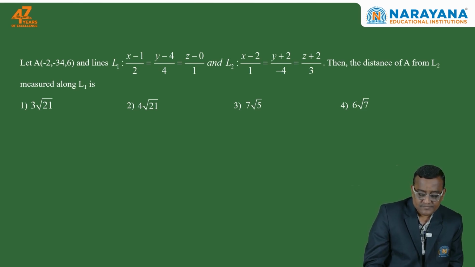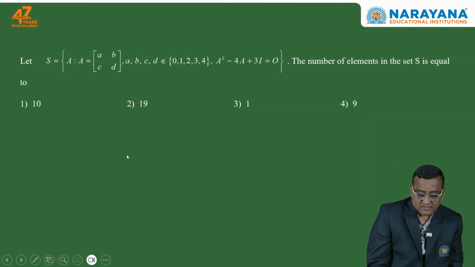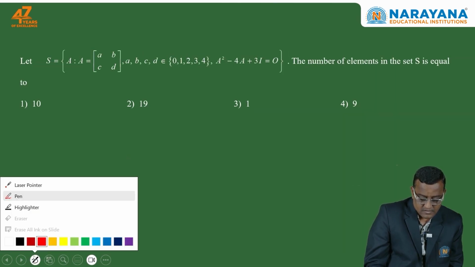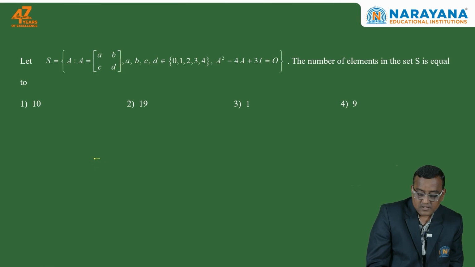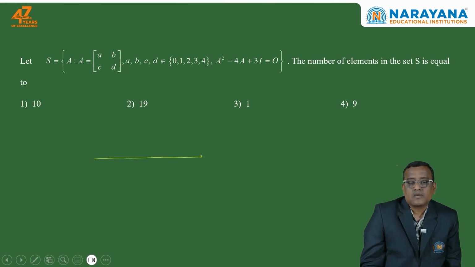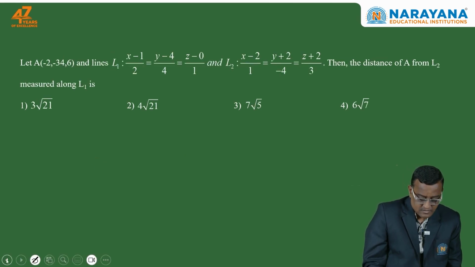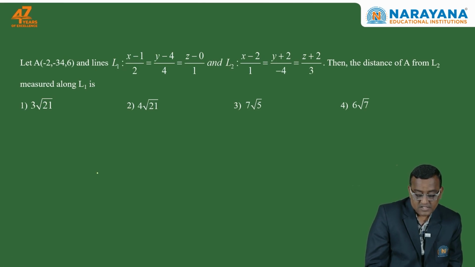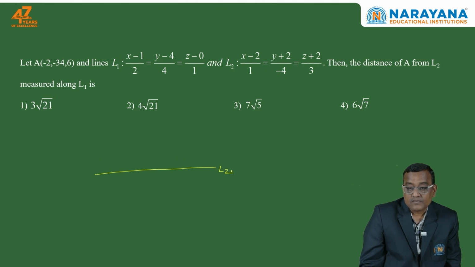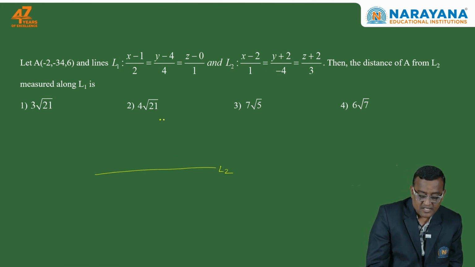So here this is the line L2. We want the distance of A. Here is A, (-2, -34, 6), and we have to find the distance of A from L2.